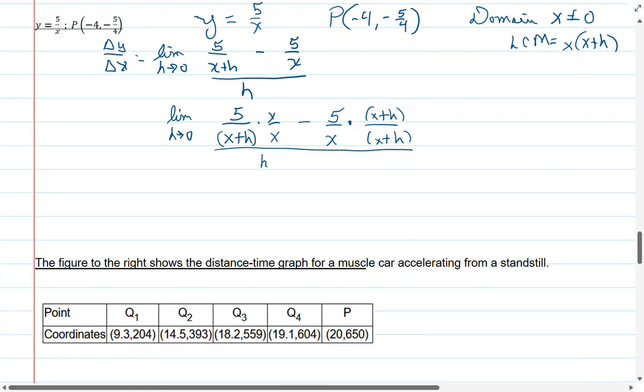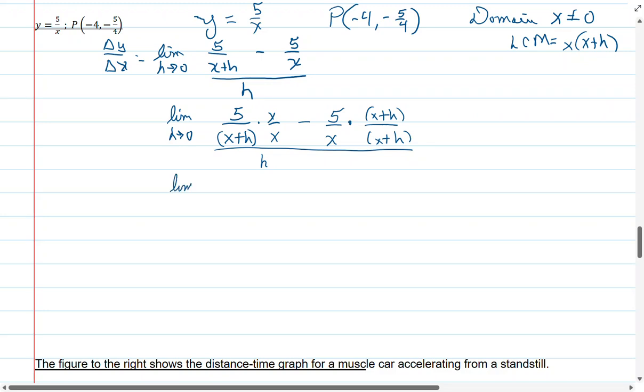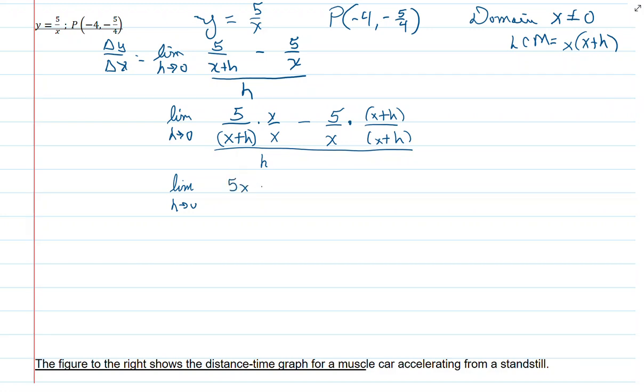So as we do our beautiful math, I'm going to have 5x minus, and I'm going to distribute this through, and I'm going to have to put parentheses, 5x plus 5h, all over x times x plus h, times, now, on a complex fraction, we have the fraction over 1, and we multiply by its reciprocal.